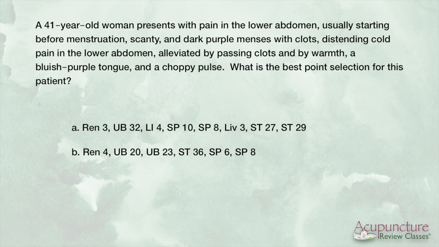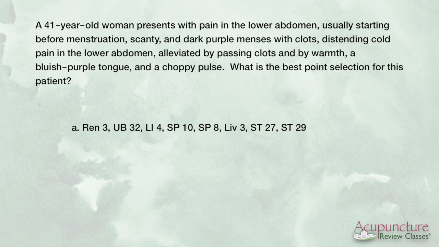Okay? Now, I kept B because it had spleen 8, but it doesn't have UB32. And most of these points here are for deficiency, so I'm really not going to use B. And I'm happy with my answer A, which has UB32, the empirical point, has spleen 8, has liver 3, so it's moving.